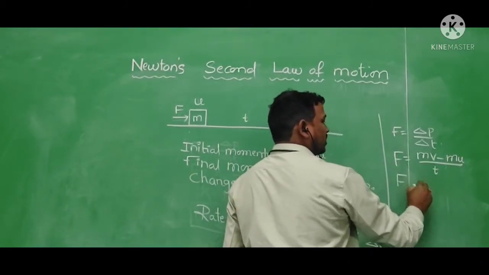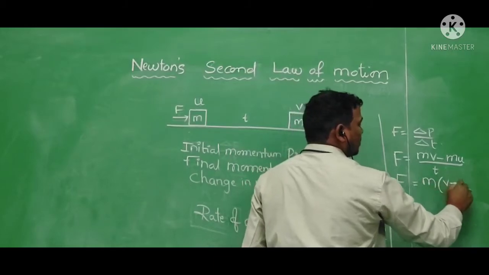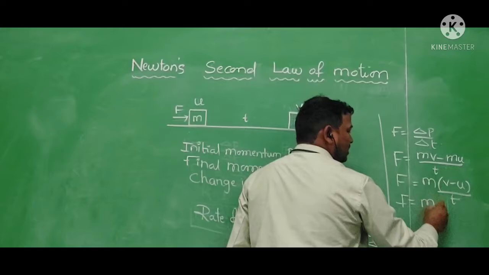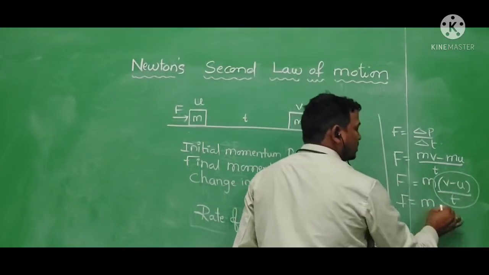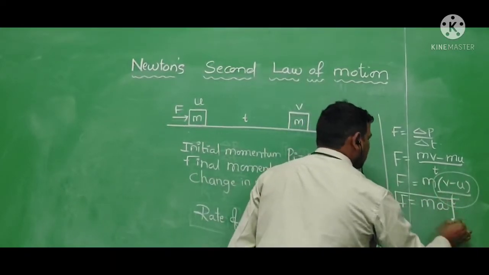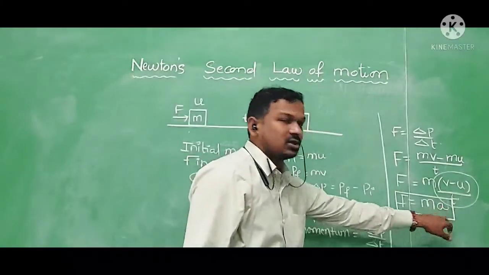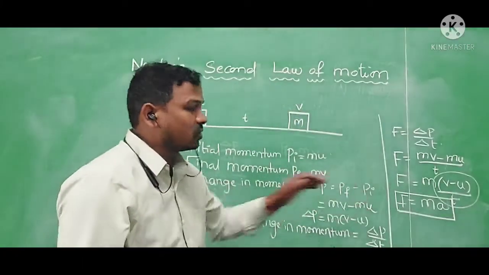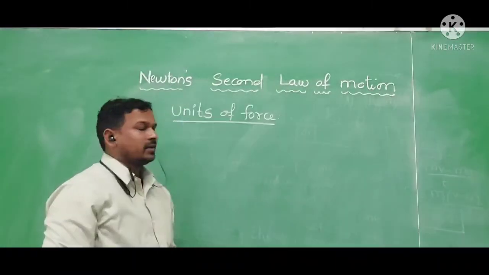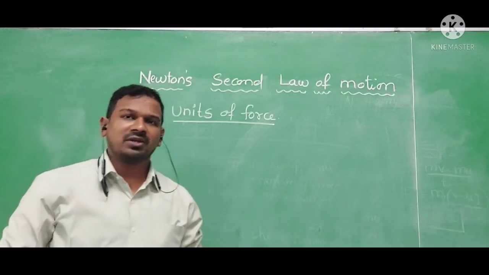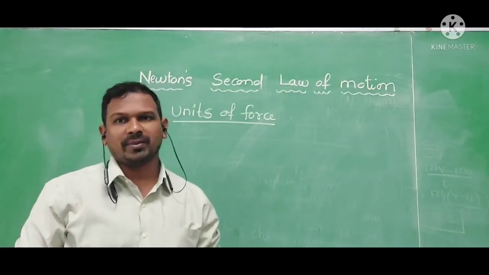F is equal to m, taking m outside, into (v minus u) by t. (v minus u) by t is nothing but acceleration. So the applied force is equal to mass into acceleration. This is Newton's second law of motion. As per Newton's second law, we describe the formula for force: F equals ma.